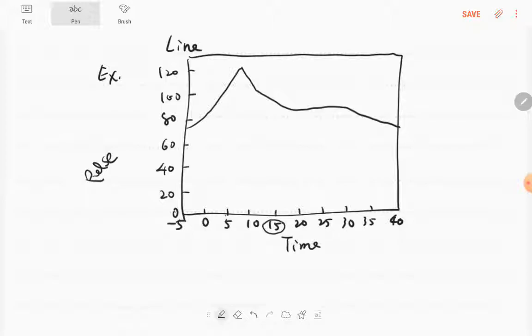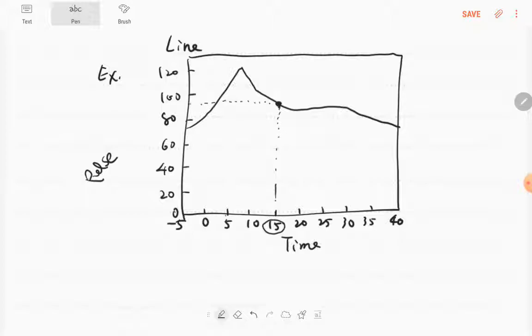So 15 minutes. Then we try to find the point. The point is here. Then we try to find the vertical value for this point.